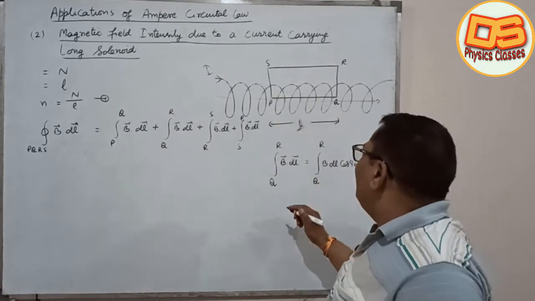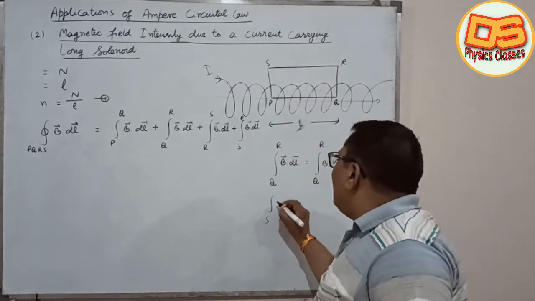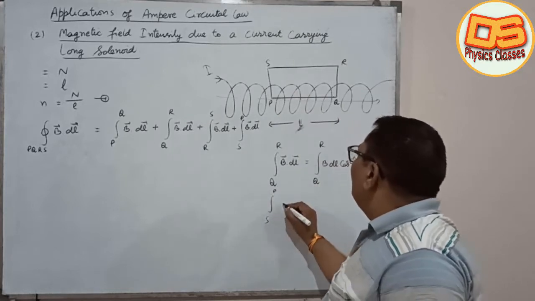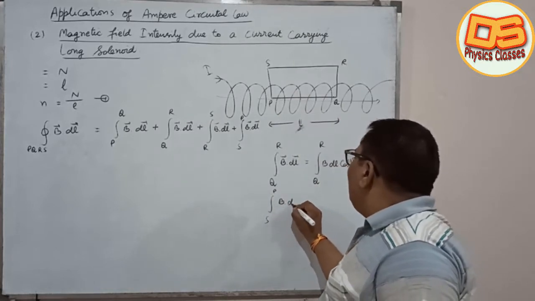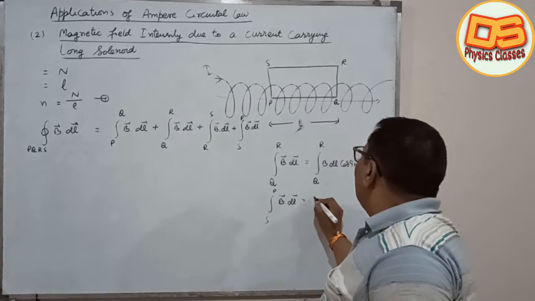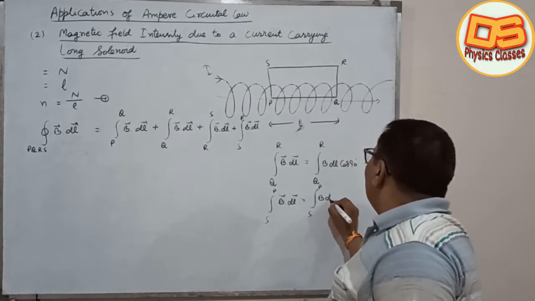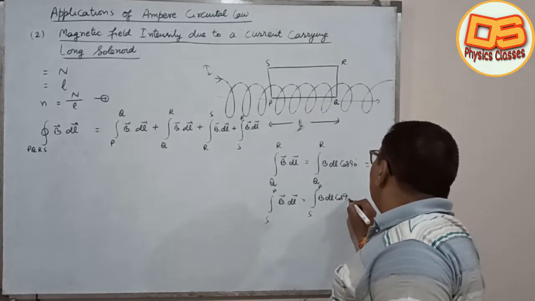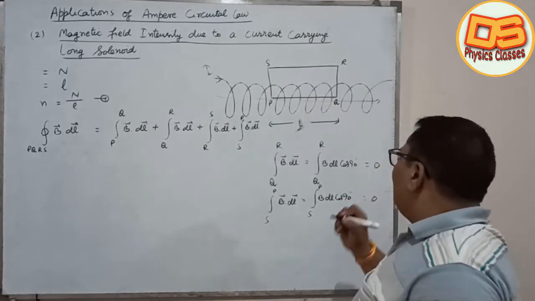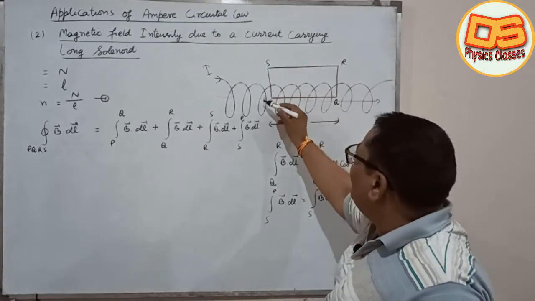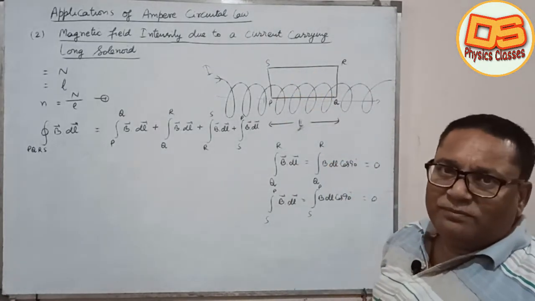The same way from S to P, B dot dl is equal to the integral from S to P of B dl cos 90. It is also equal to 0. Reason: same reason, here also the angle is 90.